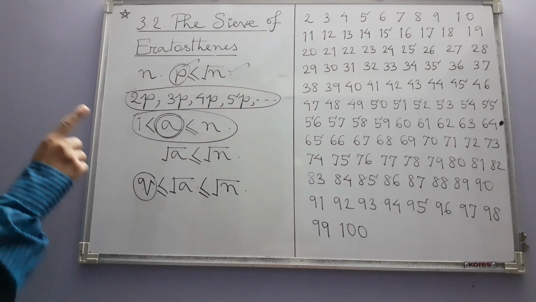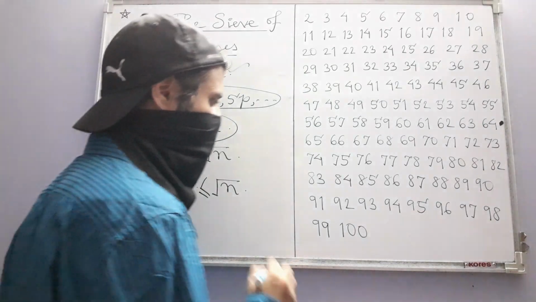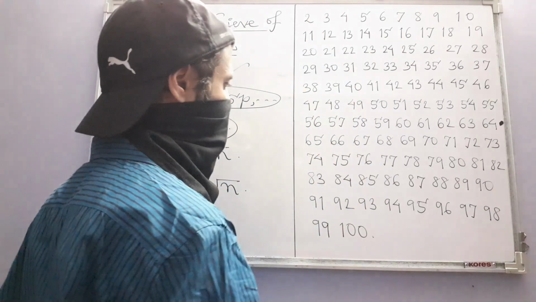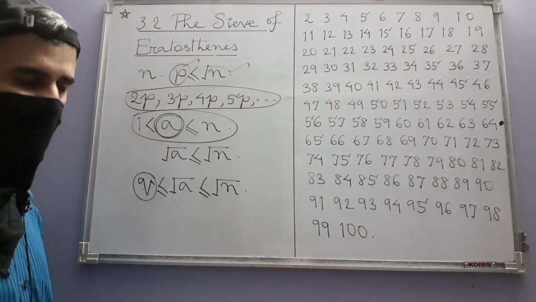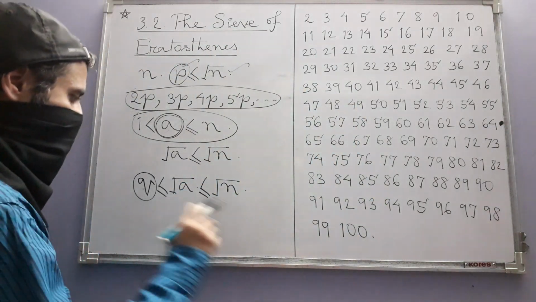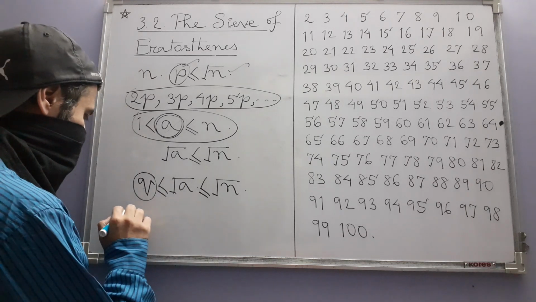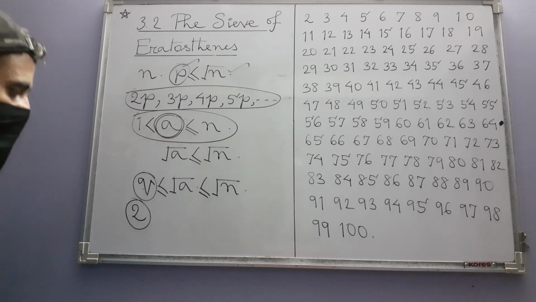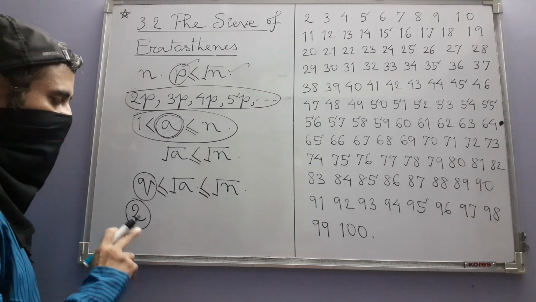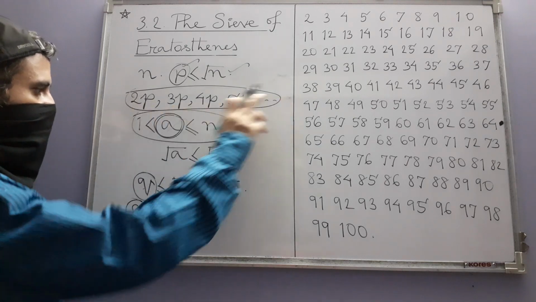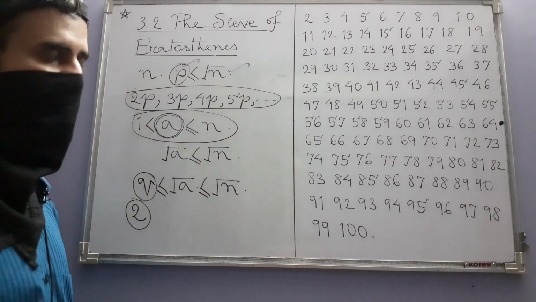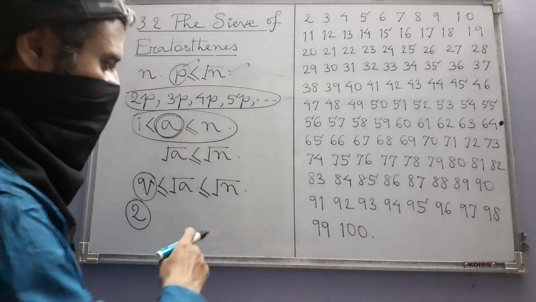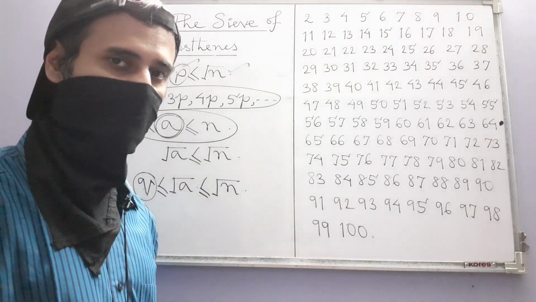So let us now see the process and try to find out all the prime numbers between 1 and 100. 1 of course need not be written. So the first prime that we actually know of in this process is 2. So we are now going to weed out, we are now going to strike out these multiples of 2, keeping 2 itself of course, and we strike out all the even numbers greater than 2.